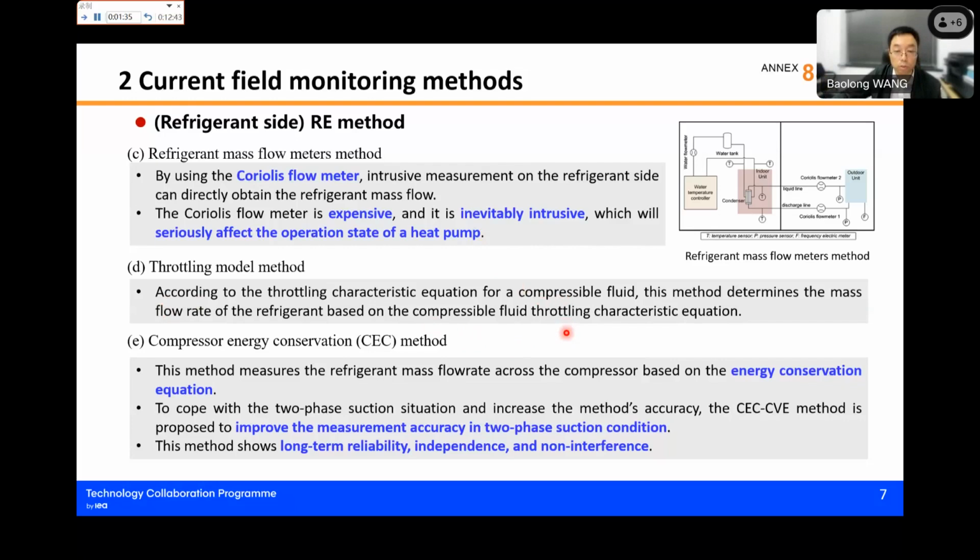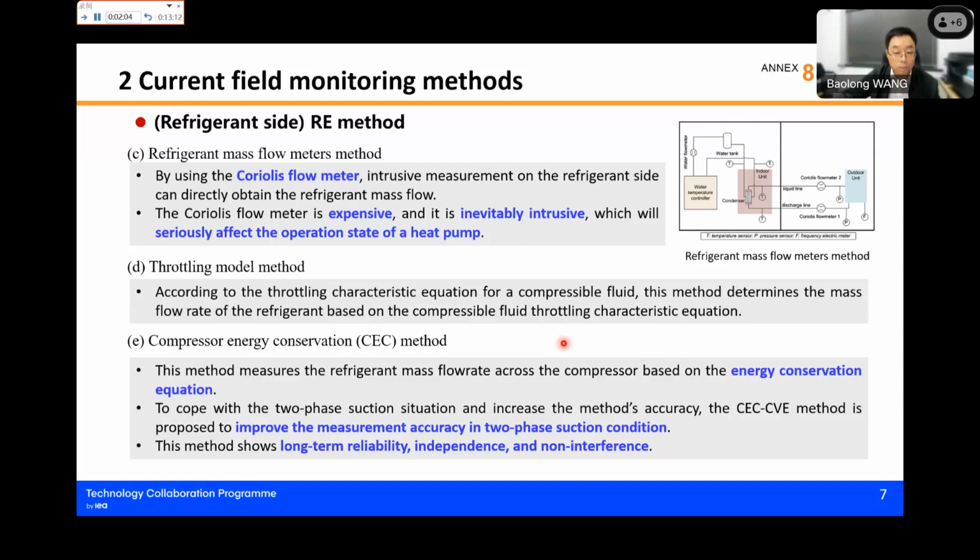The fifth method was developed recently and is more widely used. We call that the compressor energy conservation method. In this method, they just use the power consumption meter that always exists in the system, because we can test the power input into the compressor very accurately.